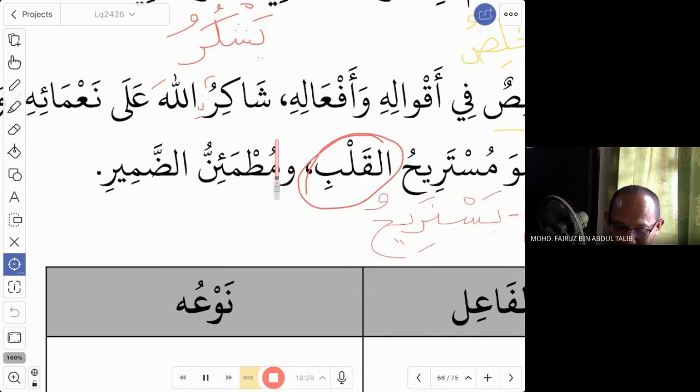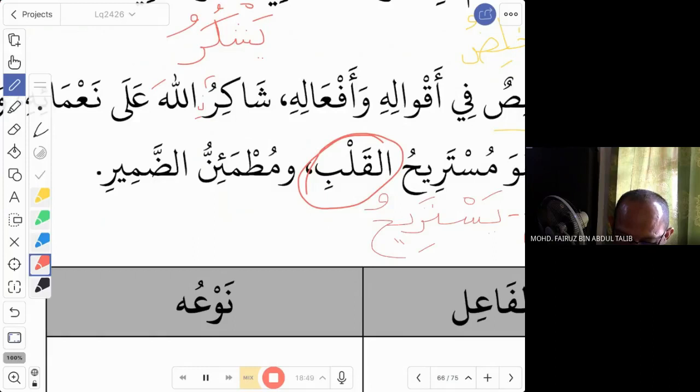Do you see a kasrah before the last letter? You have two nuns. You should have ni, but since this has a shadda, the kasrah is brought before the second last letter. So mutma'innun is actually another isim fa'il.